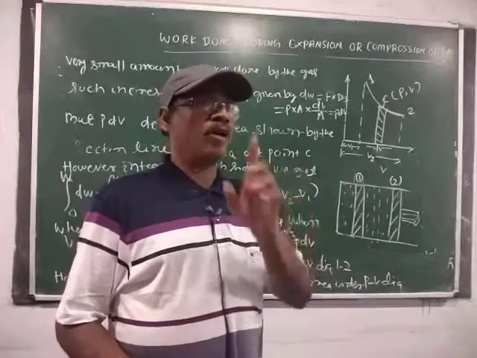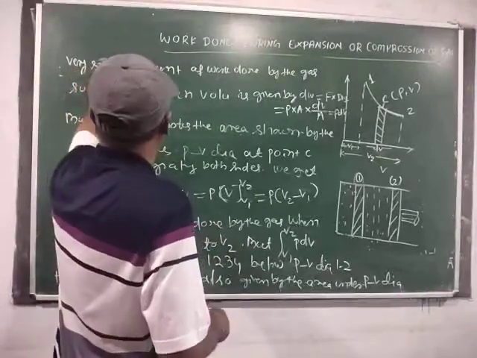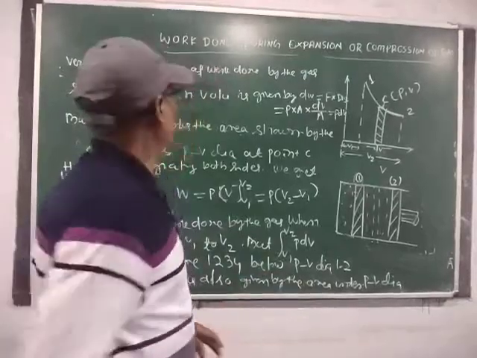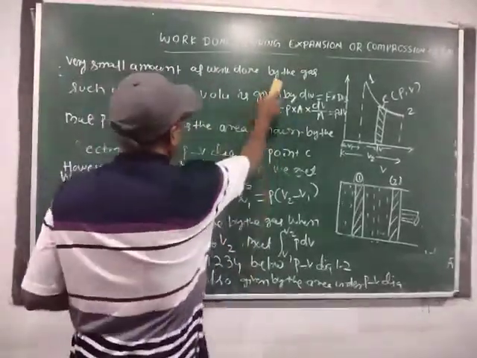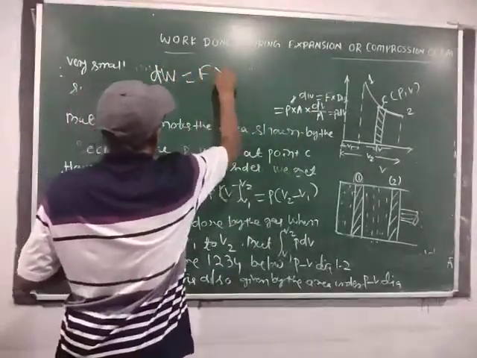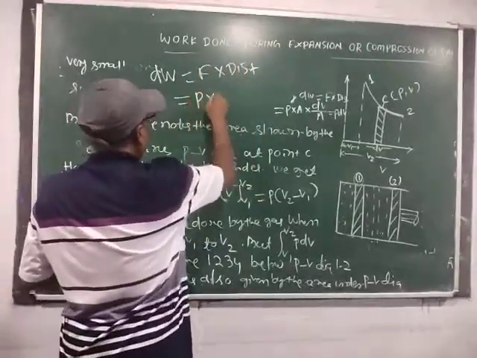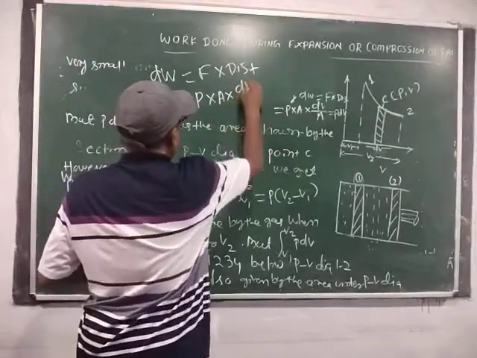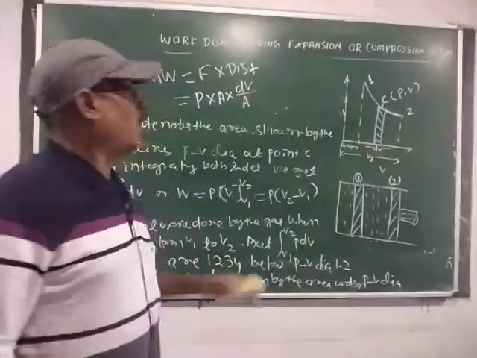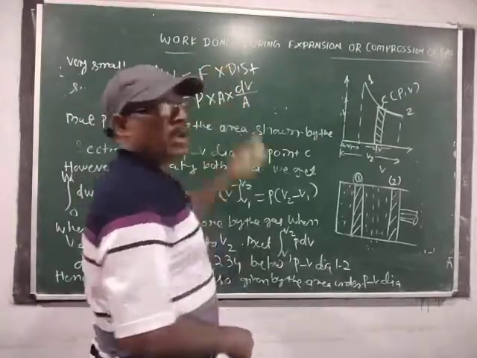Since the change in volume is very small, a very small amount of work is done by the gas for such an increase in volume, given by dW is equal to force into distance, is equal to P into A into distance, is equal to P into A into dV by A. Why have I written P into A instead of F?